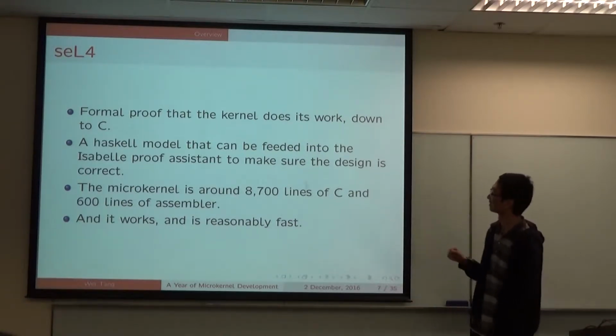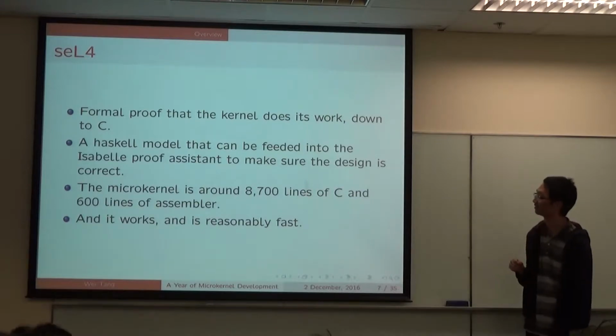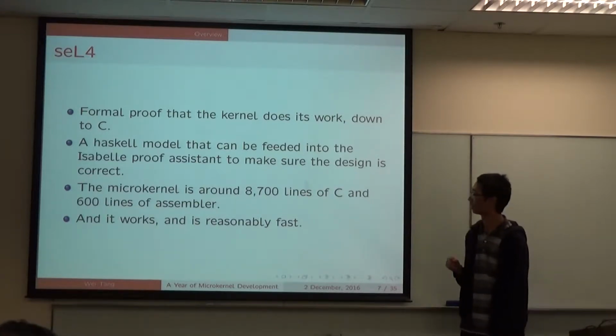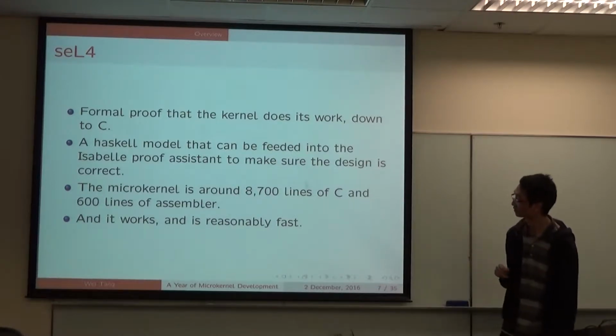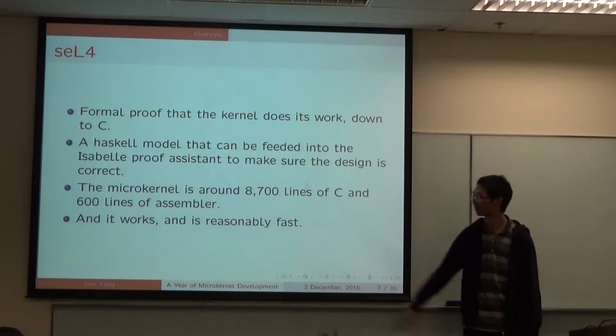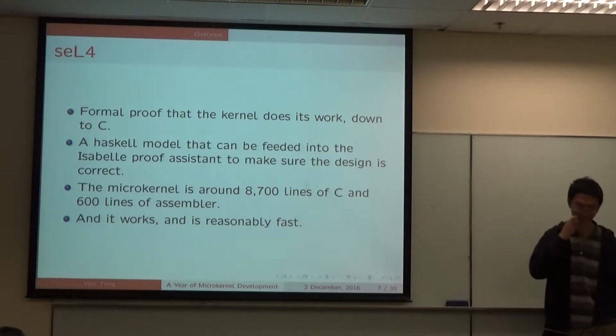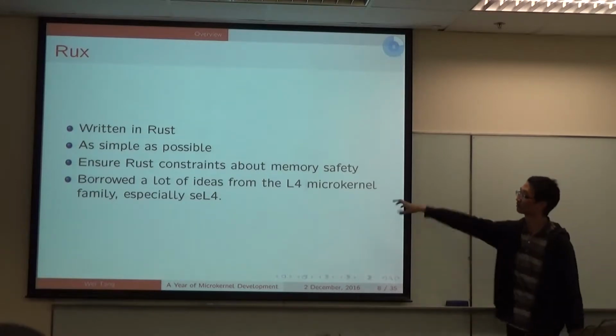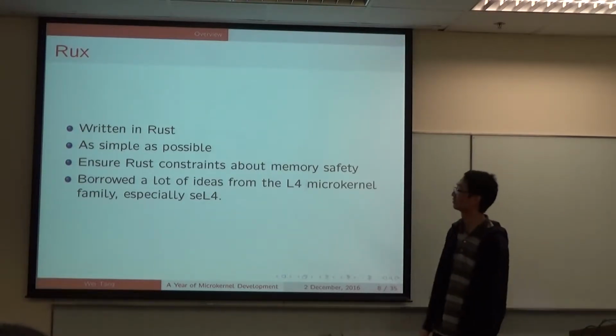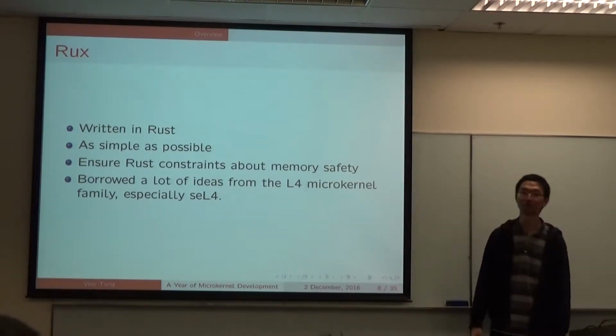It has around 8,000 lines of C and 600 lines of assembly, and this kernel is reasonably fast. It's actually really fast.